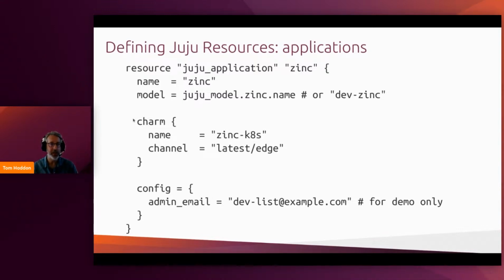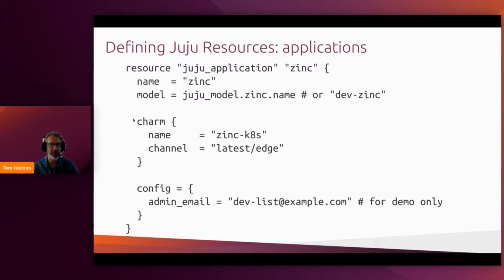We then define the actual charm that we want to deploy and the channel that we want to deploy that from. We could also optionally define the specific revision of the charm that we want to deploy, or the series of the charm that we want to deploy. We're also defining here, or at least I'm showing how you would define, a configuration option for a charm.